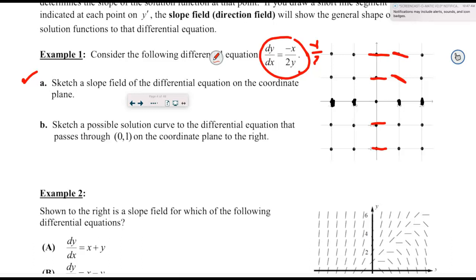At 2, 1, we're going to get a -1, so about a 45-degree. And at 2, 2, -1/2, so a little more gradual. There's my first quadrant. You're going to see that there's some symmetry here, and it's going to kind of go like that. As you go, you fill in the left side.